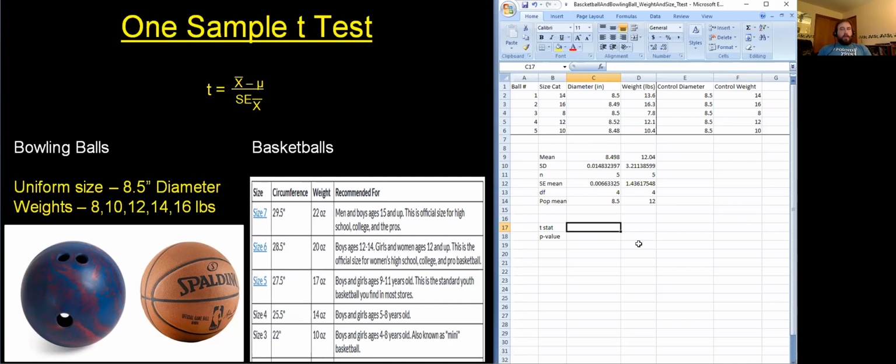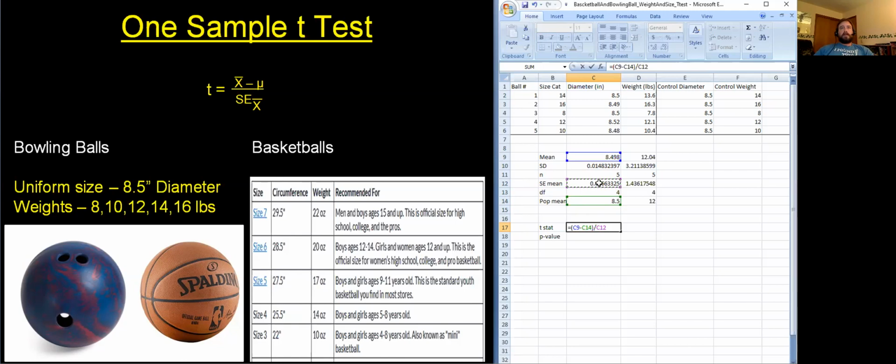Okay, we're ready to think about something new because we have our bits and pieces at this point. So we need to calculate our t-statistic. And to calculate the t-statistic, we have it up over here. We need to take the average, or x bar, minus mu, the population mean, and that is divided by the standard error.